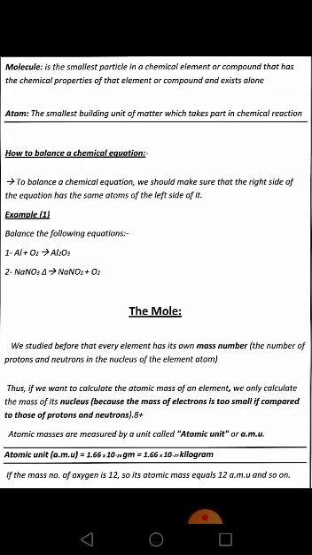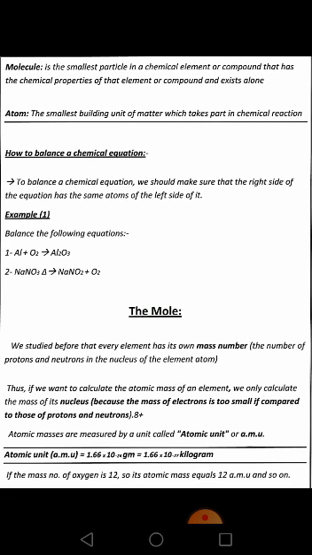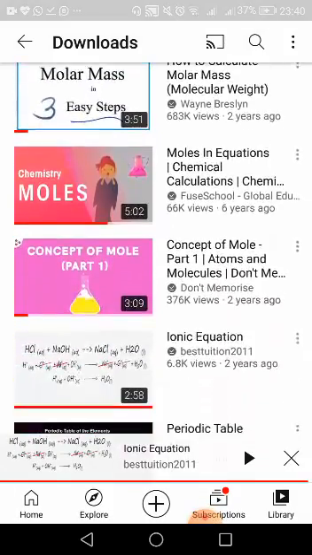As written here, a molecule is the smallest particle in a chemical element or compound that has the chemical properties of that element or compound and exists alone, while an atom is the smallest building unit of matter which takes part in a chemical reaction. Okay, now we will watch a video to illustrate the meaning of mole and its importance.